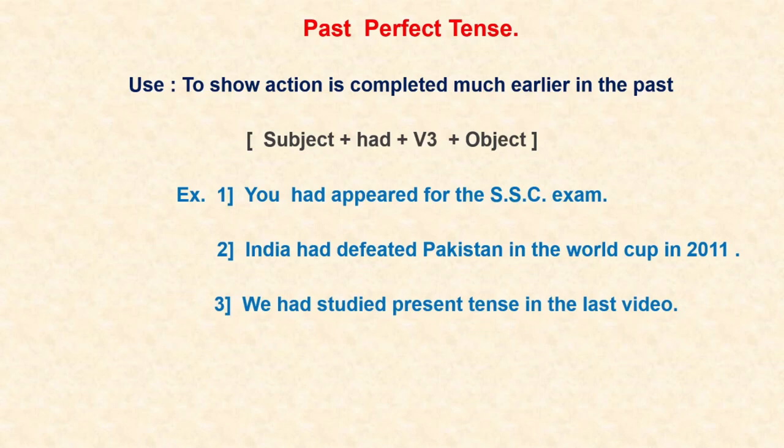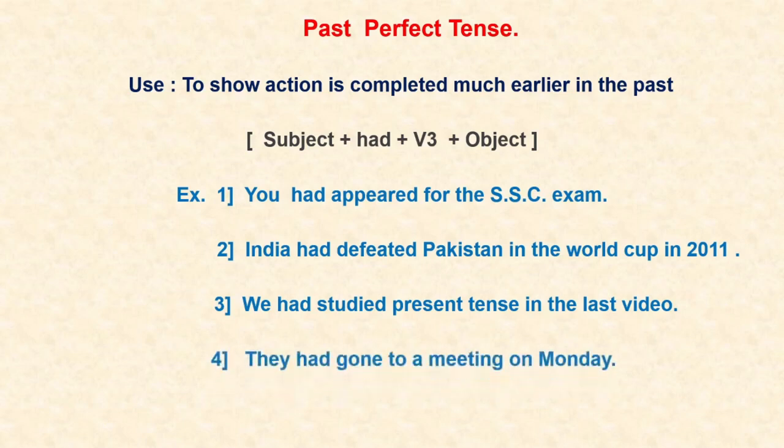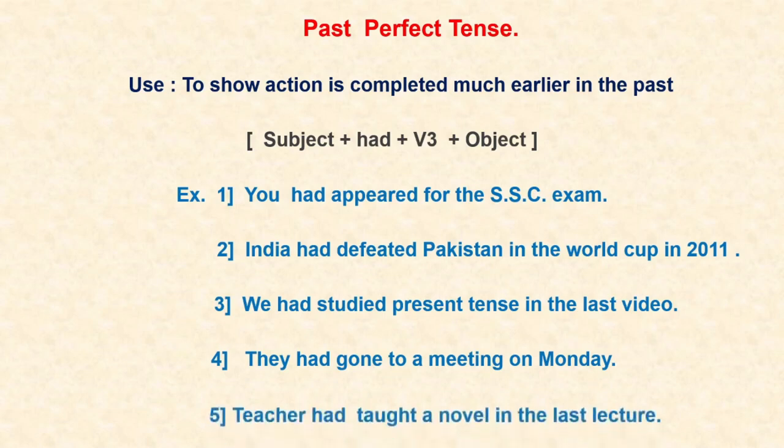Next example: We had studied present tense in the last video. Look at this: subject, had and V3. They had gone to a meeting on Monday. And the last example is: The teacher had taught a novel in the last lecture. So all these five sentences are in the past perfect tense.